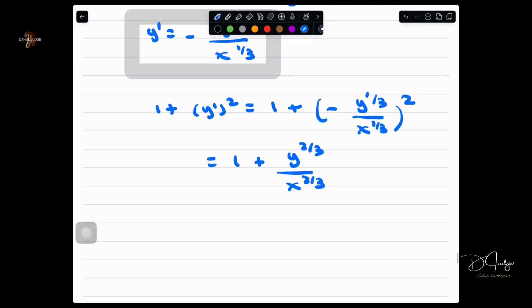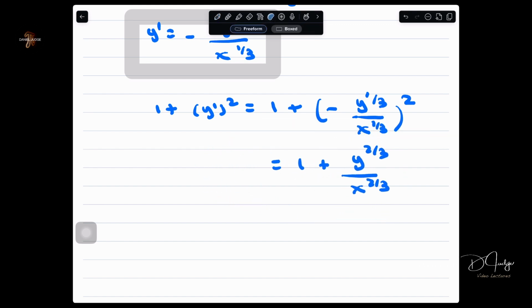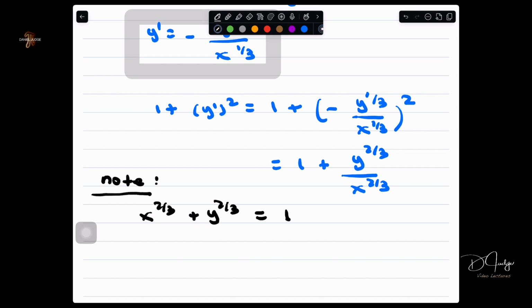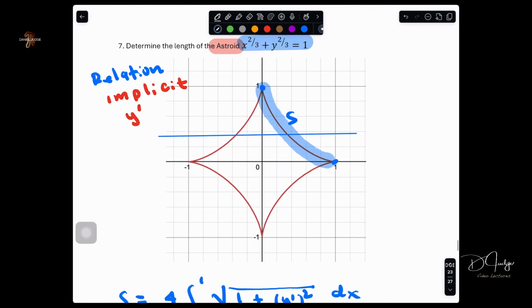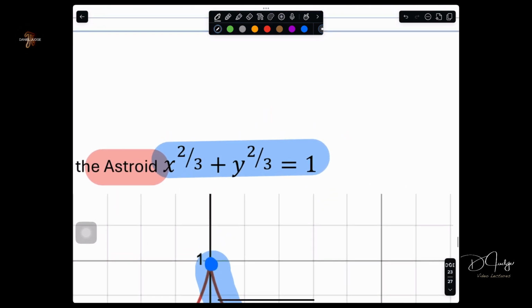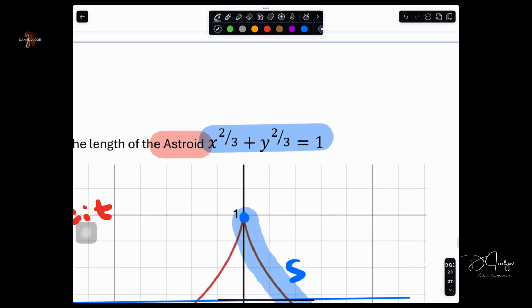Now I'm going to have to do some algebra here. So let's go back and note something here. The original relation that they gave us is x to the 2/3 plus y to the 2/3 equals 1. So this is the relation. It's an asteroid.